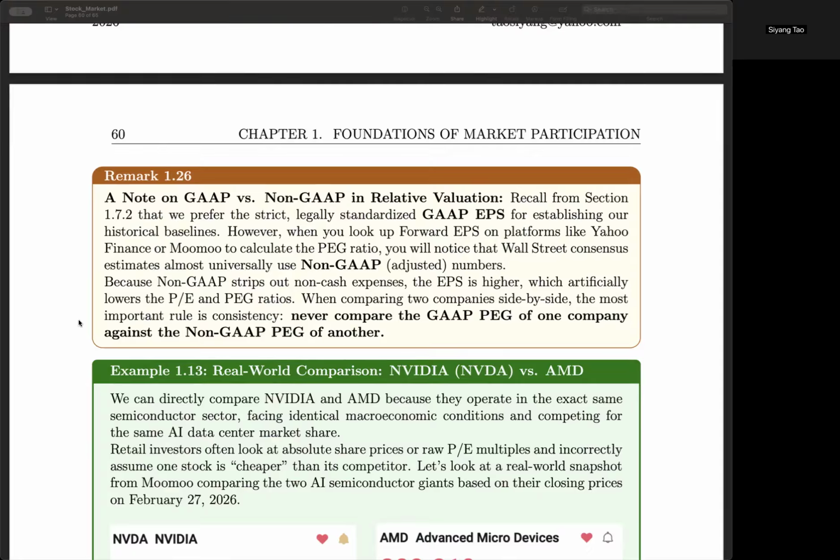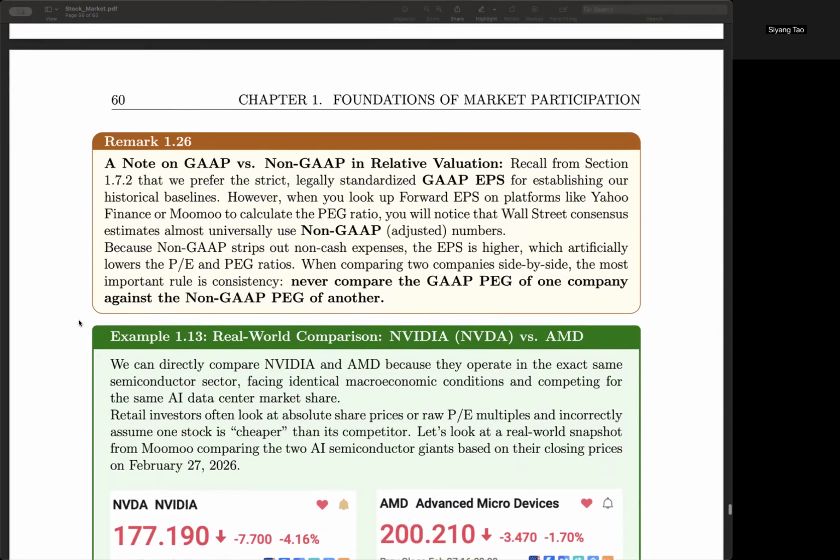Because non-GAAP removes expenses, the EPS is higher, which artificially lowers the PE and PEG ratios. There is nothing wrong with using non-GAAP for forward estimates, as long as you follow one strict rule. Never compare the GAAP PEG of one company against the non-GAAP PEG of another. Always compare apples to apples.